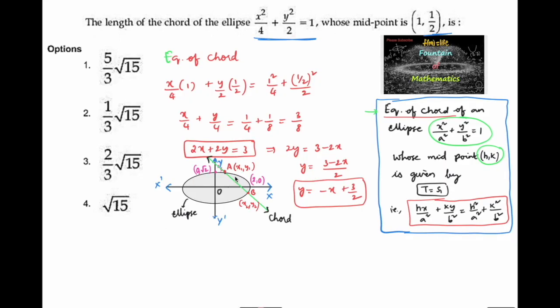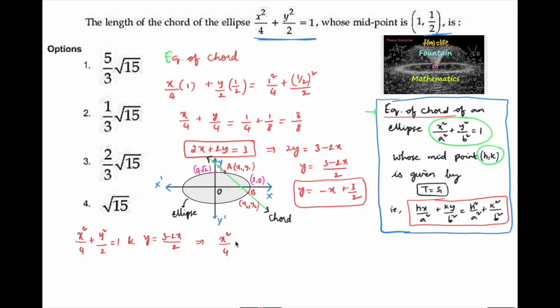Now to get the length of the chord AB, we have to solve with x square upon 4 plus y square upon 2 is equal to 1, and y is equal to 3 minus 2x upon 2.